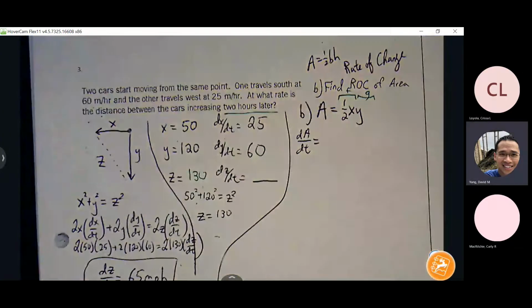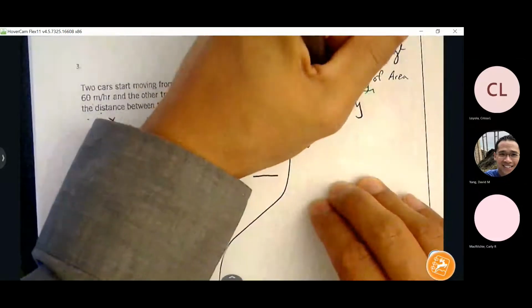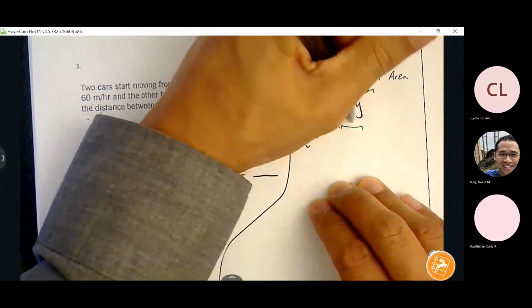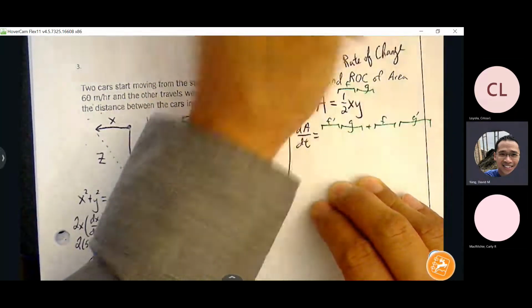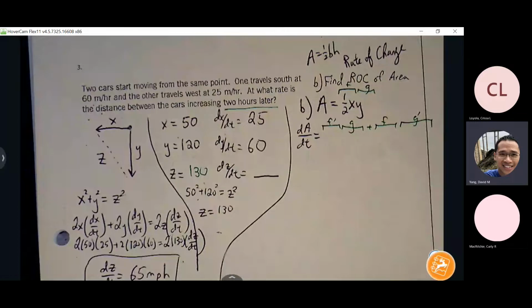Okay, I'll set it up. The good news is that once you have this built, then everything you can just pull from part A because you already have everything.